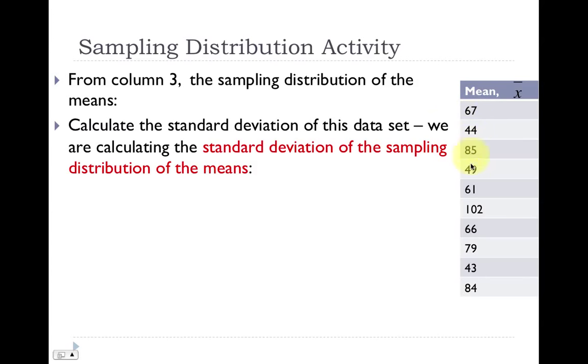When we run 1-Var Stats, we'll have 2 possible standard deviations to look at. We are going to look at the population standard deviation, because these numbers represent the entire set of all the possible sample means. So we have all of them. We're not sampling them.